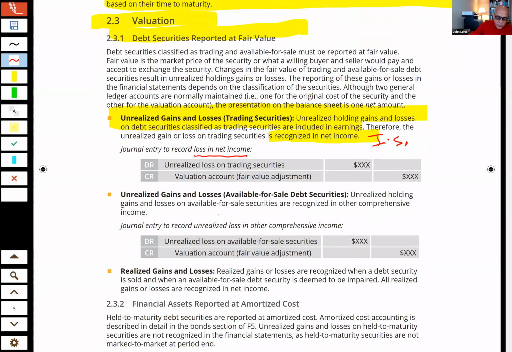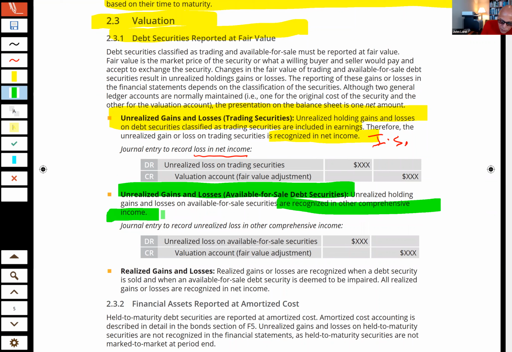Now, unrealized gains and losses on available for sale securities. The takeaway here is that unrealized holding gains and losses are reported in other comprehensive income. We practiced a little bit with that in F1. We include the unrealized loss. If it was a gain, it would be a credit to unrealized gain, and the debit would be to the security.